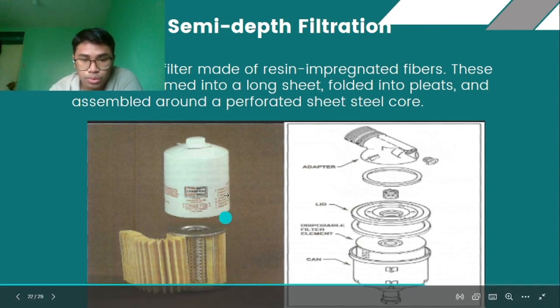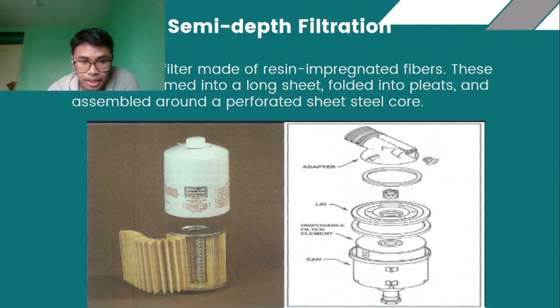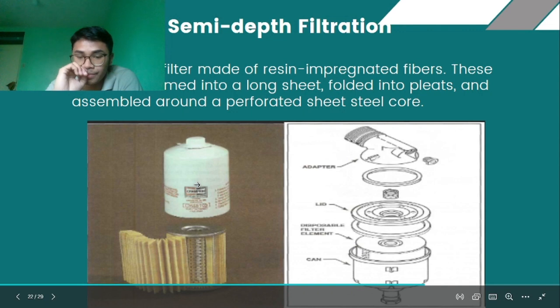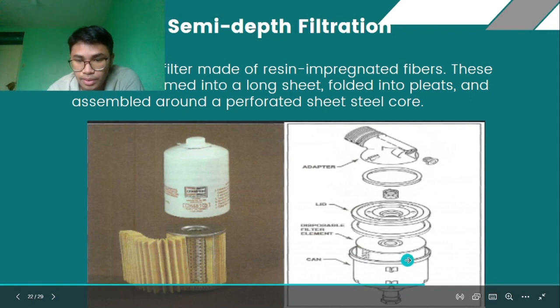So, our semi-depth is divided into two. The first one is the filter itself, the impregnated fibers, then the other one is the cover. So, this is how it is assembled. The can, the disposable filter element, the lid, the adapter.